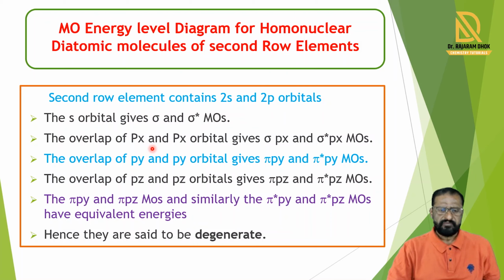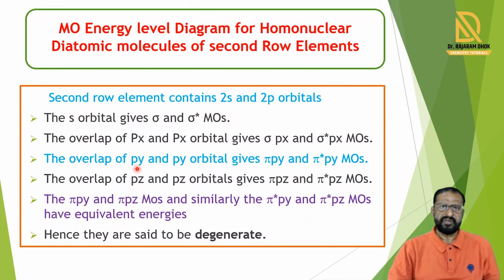Now in case of the p orbitals, the px orbital of one atom and the px orbital of the second atom overlap with each other and there is formation of two sigma molecular orbitals, that is sigma px and sigma star px.